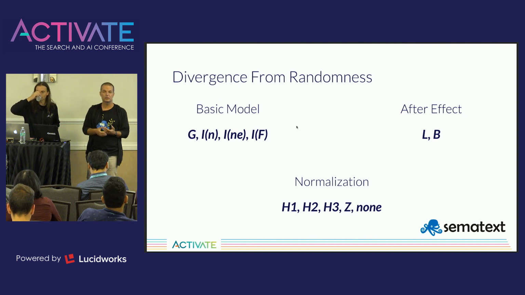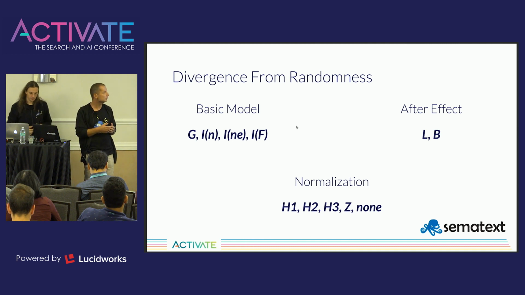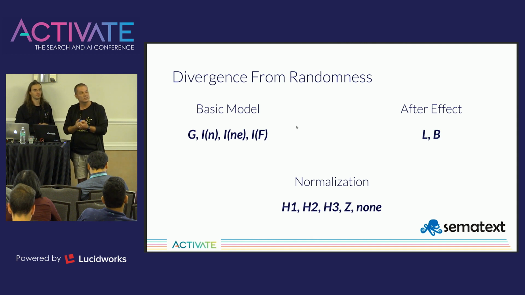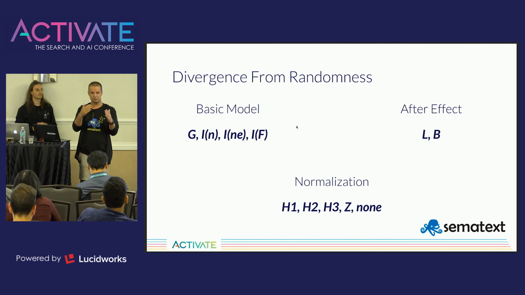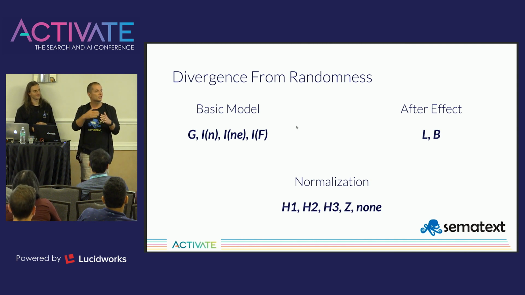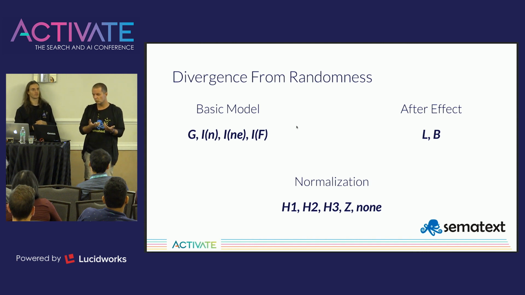There are 4 of them right now in Lucene 8 when it comes to that similarity factory: G, I(n), I(F), I(ne), and so on. You can see that they actually define the distribution. And the higher score will be given to those documents that have the term from the query diverge more from the original model that we have chosen. You can think of the basic model more or less as the IDF.